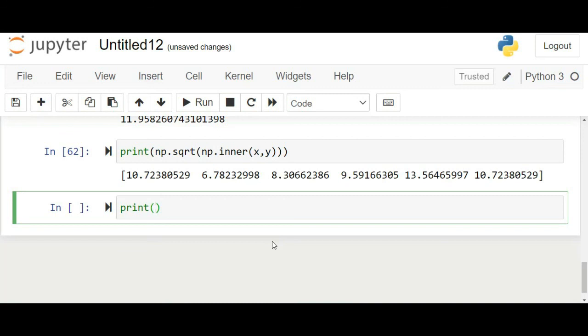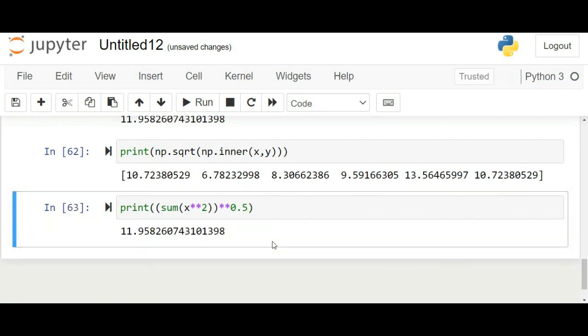Inside the parenthesis we shall write again the sum of x square, and after the bracket, if I write again 0.5, our answer will be just like this.